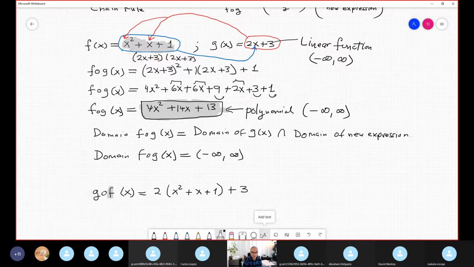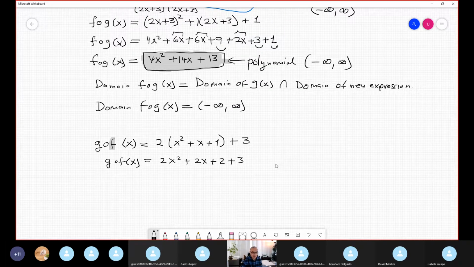More clear now? Yes, thank you. Now, the recipe is okay. The rest is you distribute: 2x squared plus 2x plus 2 plus 3. Well, that's the only algebraic modification, 2 plus 3 is 5. And the answer is G composition F of x is 2x squared plus 2x plus 5. End of story. And this is a new expression.